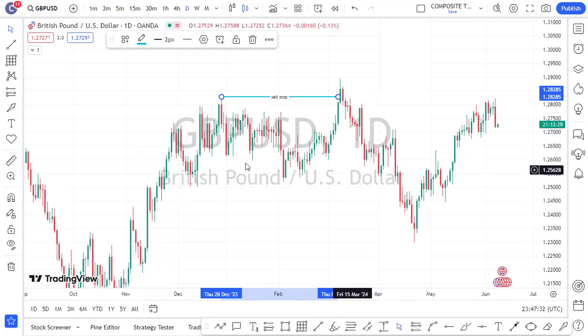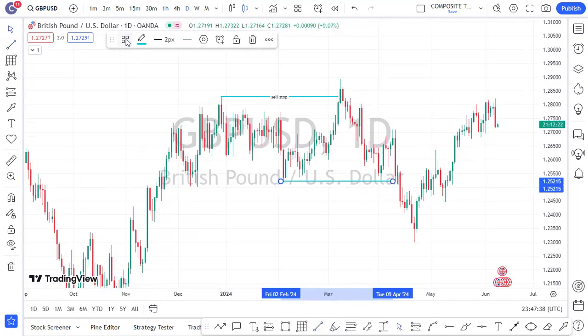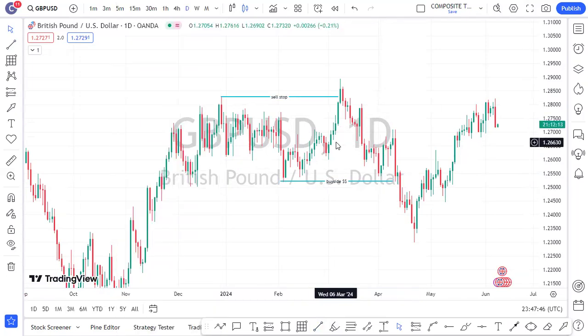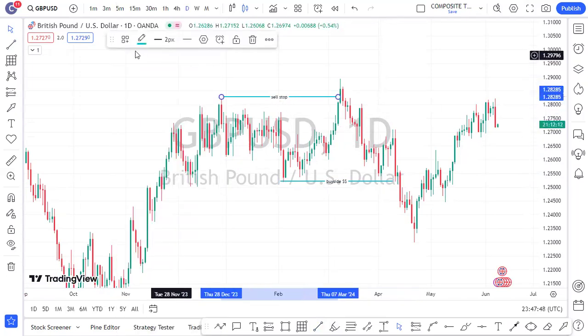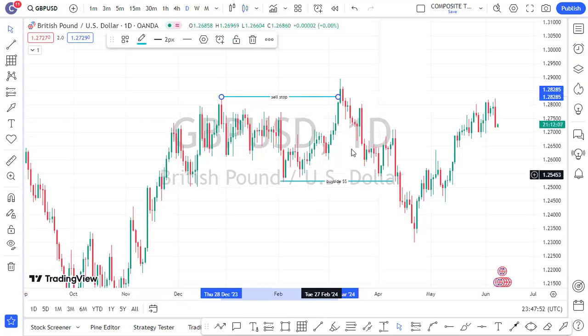And this was the last buy stop, which was taken out. This is the buy side liquidity, which was taken out. And this one also is sell side liquidity.